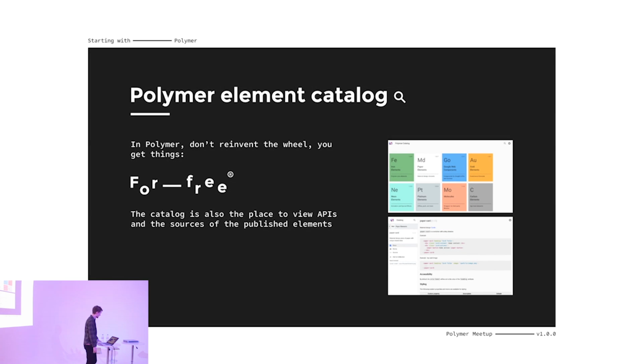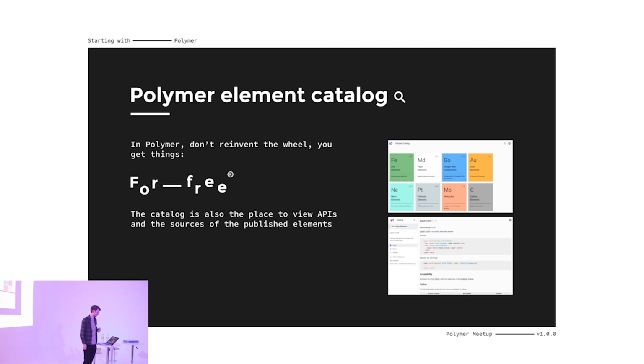Polymer element catalog, again, we'll mention it, but it is a very important part of Polymer. It's the really weird part that, like anyone who's a developer, I'm sure you've had that thing where you think, yeah, there is this thing out here, but I'd like to make my own, just because I guess that's the nature of the beast. But you should get over that.